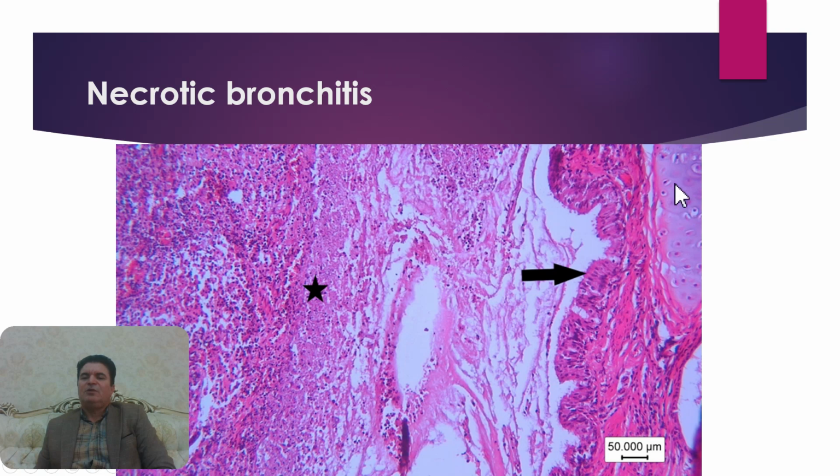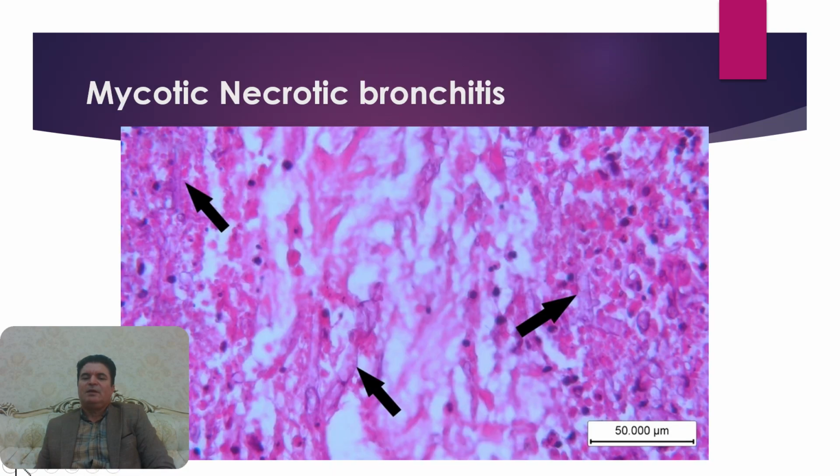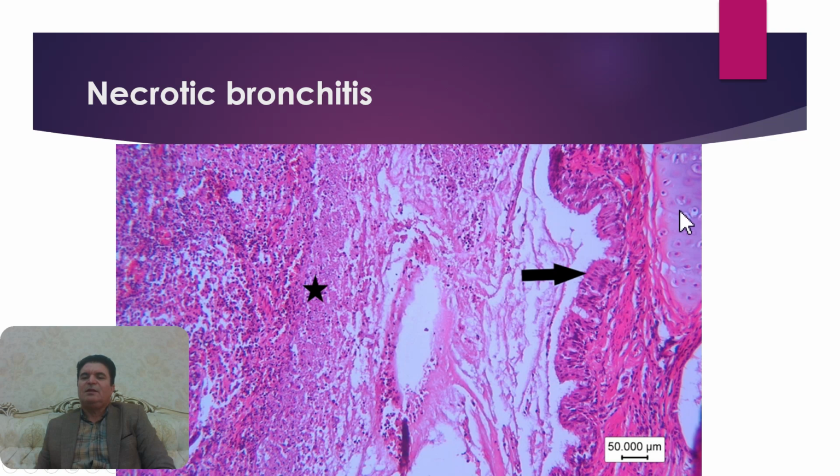Here you can see the bronchus cartilage, but on the other side there is severe necrosis of the epithelium. You can see here, and there is severe infiltration of inflammatory cells and hyperemia.